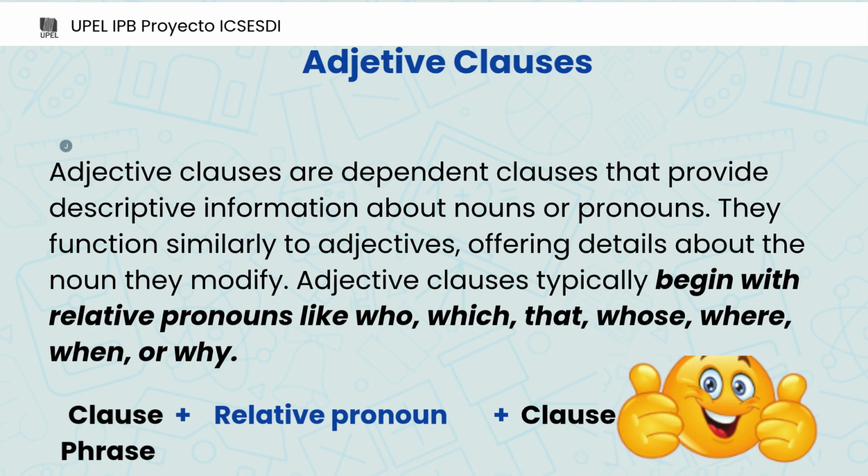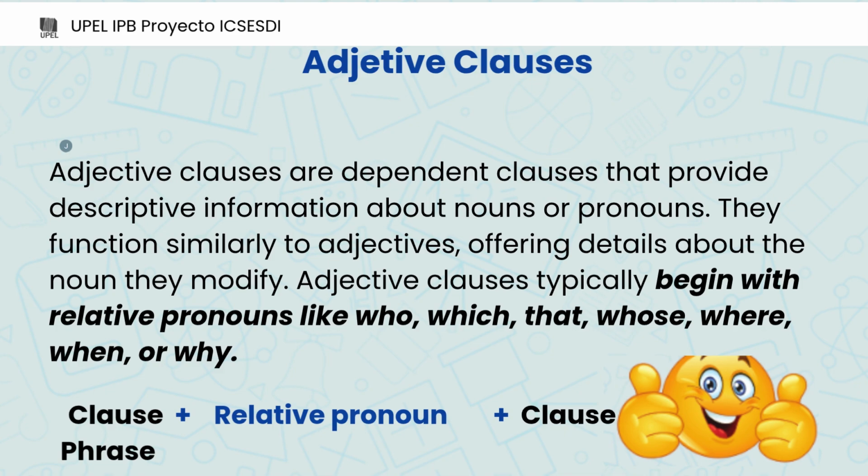Now, let's see the difference with an adjective clause. An adjective clause is a dependent clause that provides descriptive information about nouns or pronouns. It means you're describing the same noun that is at the first part of the sentence, or at the beginning of the first clause.